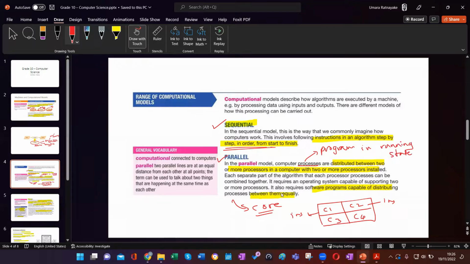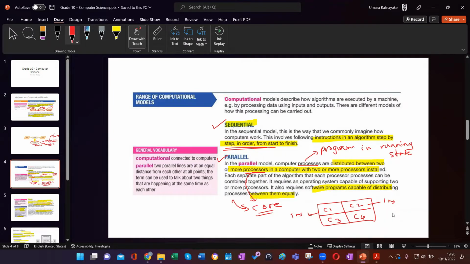When a program is running, we call it a process, and multiple processes are called processes. That's what processes means here. What happens is these processes are distributed among two or more processors. Now, these processors are referring to cores, small processors built into one unit. So they are spread across multiple cores.